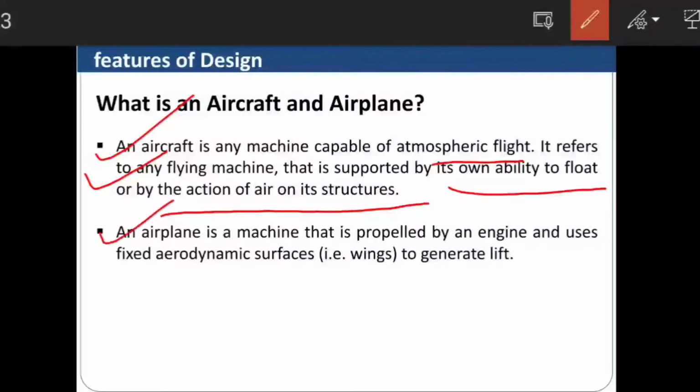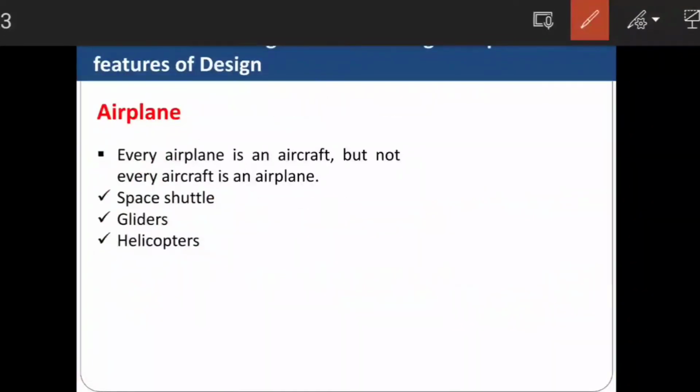Let's see the airplane. An airplane is a flying machine that is propelled by an engine and uses a fixed aerodynamic surface, called a wing, to generate lift. So that is called an airplane.